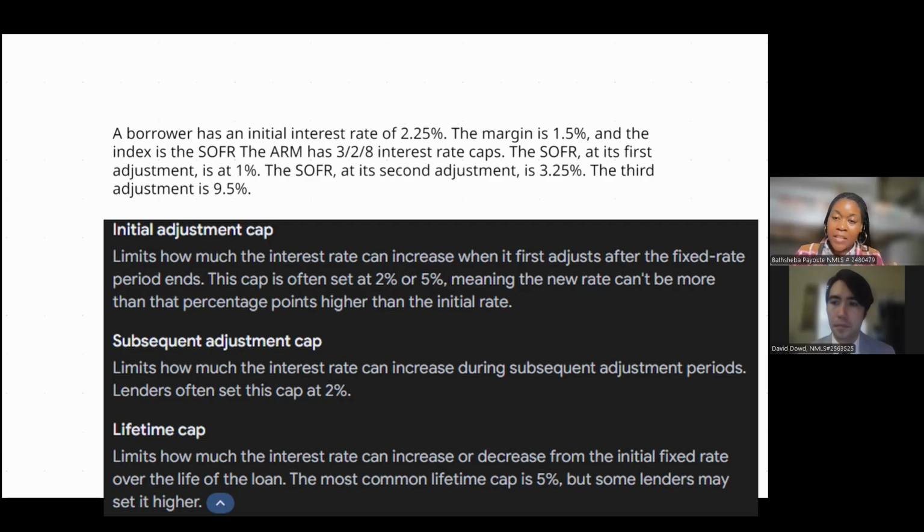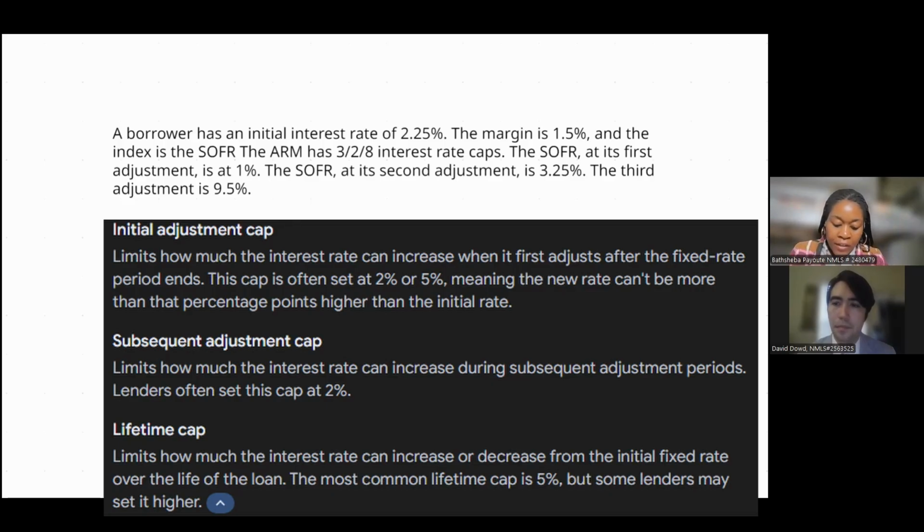So the second time it adjusts, it can go up 2% or down 2%. This is the cap that represents how much the interest rate can increase or decrease in an adjustment period that follows the first adjustment. So after the first adjustment, up 3 or down 3, the next set will either go up 2 or down 2.